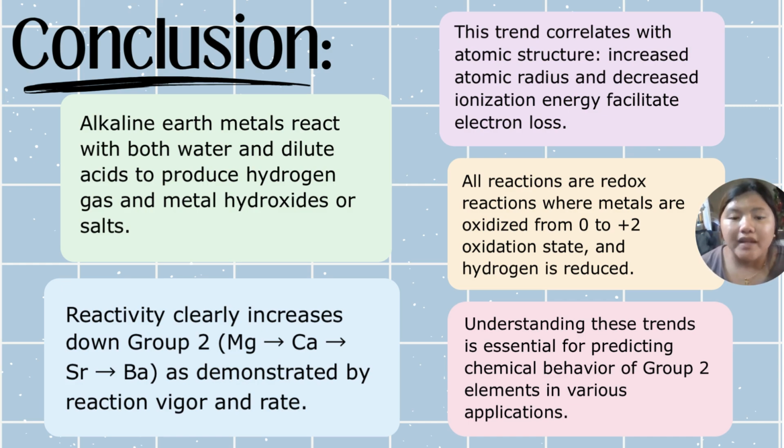This trend correlates with atomic structure, increased atomic radius, and decreased ionization energy to facilitate electron loss. All reactions are redox reactions, where metals are oxidized from 0 to positive 2 oxidation state, and hydrogen is reduced. And lastly, understanding these trends is essential for predicting chemical behavior of group 2 alkaline earth metal elements in various applications.